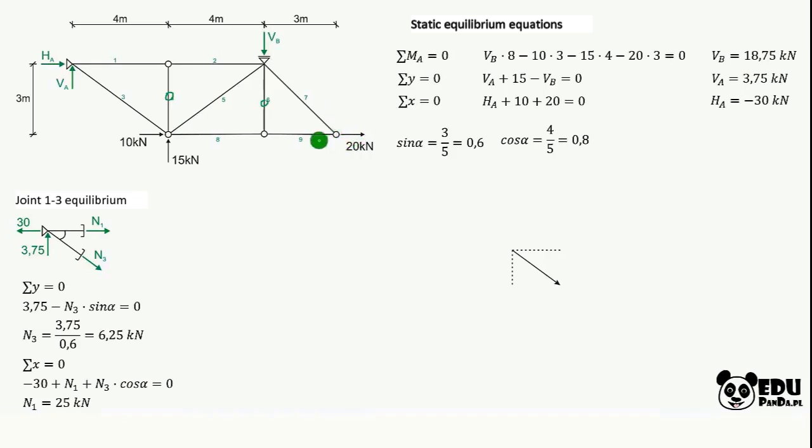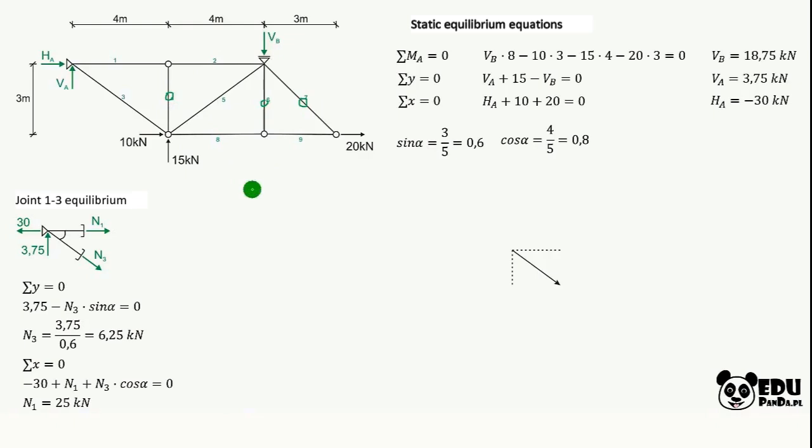If we were to do the sum of projections on the y-axis for this cut of the joint, N9 does not enter this equation, 20 does not enter this equation, only reaction N7 enters. N7 times some sine or cosine should be equal to 0, which means this rod is also 0, so N7 is also 0. And you see, from such a truss where we have 9 nodes, at first glance we can determine 3 zero rods.